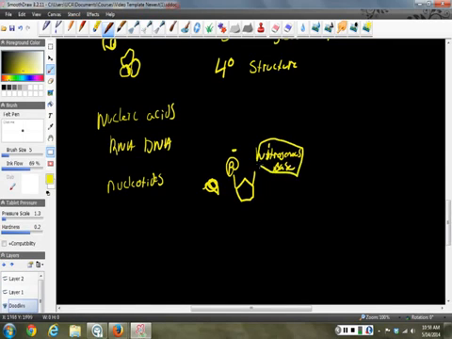And then down here, it's going to have several things attached to these carbons, but right here, if you look and see whether it has an H or an OH, so I'll put an OH on this one. If it were an OH, this would be a monomer of RNA.